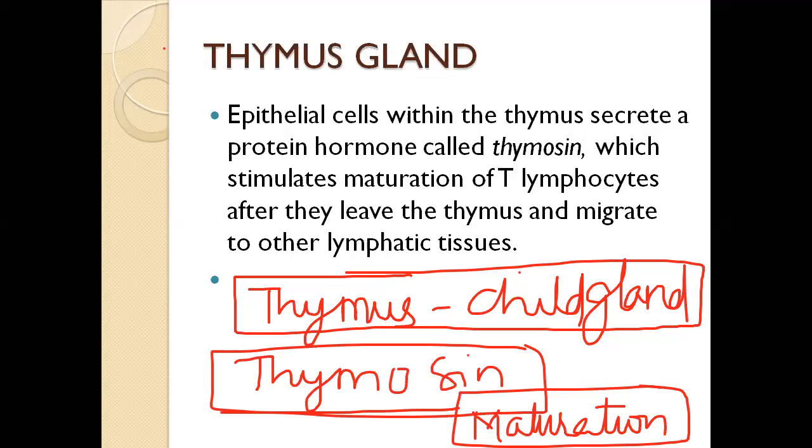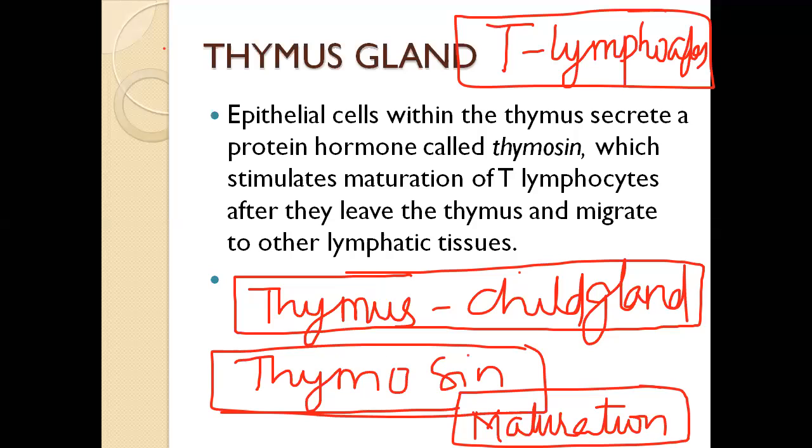I know that seeing all this, you may have a doubt: sir, if we don't have a thymus gland, where will the T lymphocytes come for maturation? This doubt will come to mind, isn't it? See, as we are saying, by age the thymus gland is degenerated. So if the thymus gland is degenerating, where will the T lymphocytes come for maturation?